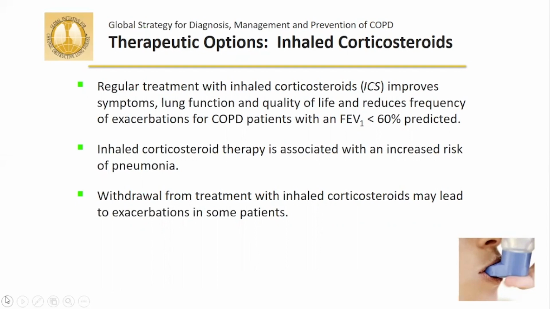Giving inhaled corticosteroids may increase the risk of having pneumonia. Although we are not saying that this should not be given to patients, this is a precaution, and this would mean that this medication should be given under strict medical supervision so that they can avoid the possible complications of treatment.